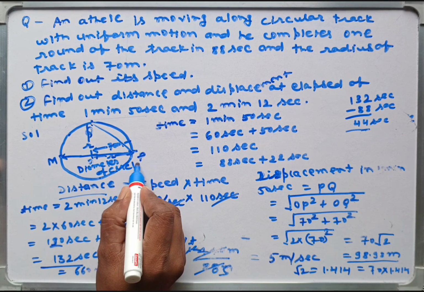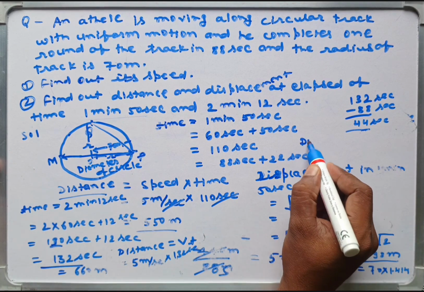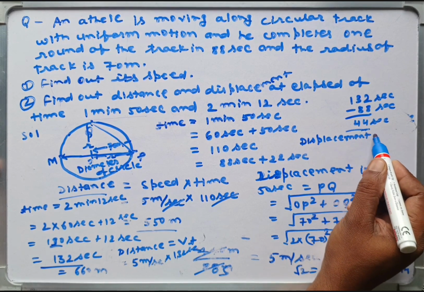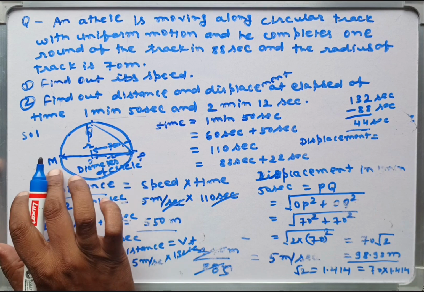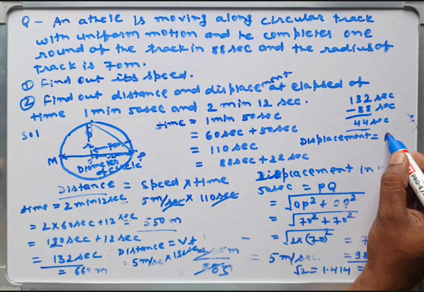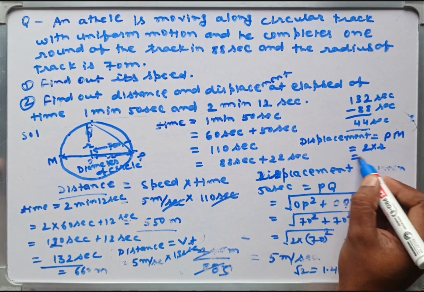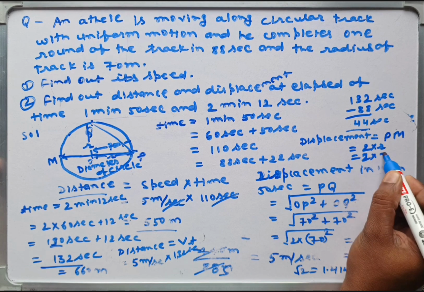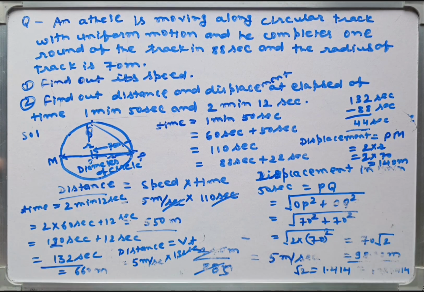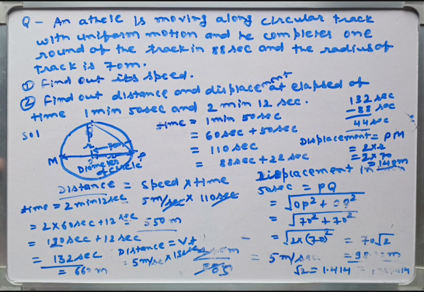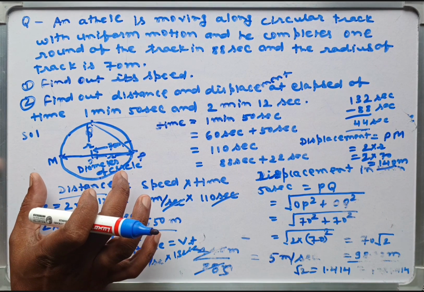So as per definition here, displacement is the shortest distance between the initial and final position, which is here P and M. So this is 2 into R, and R value is, guys, what? 70. So you can say, sir, the athlete displacement after elapse of 2 minutes 12 seconds is only 140 meter, which is the diameter of this circle.